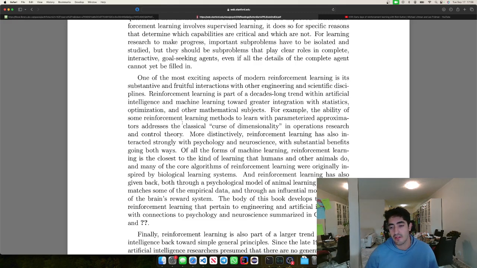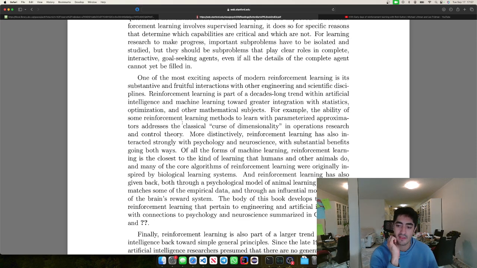More distinctively, reinforcement learning has also interacted strongly with psychology and neuroscience, with substantial benefits going both ways. Of all the forms of machine learning, reinforcement learning is the closest to the kind of learning that humans and other animals do, and many of the core algorithms of reinforcement learning were originally inspired by biological learning systems.